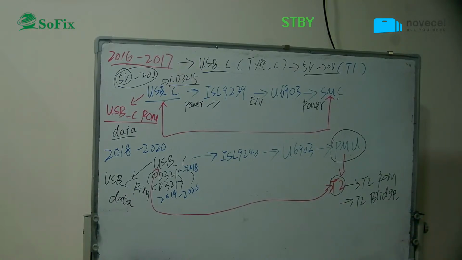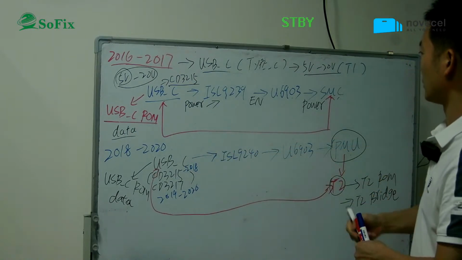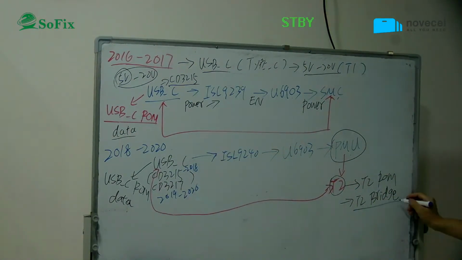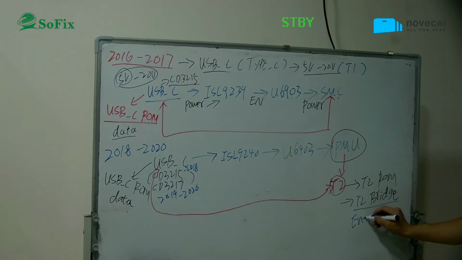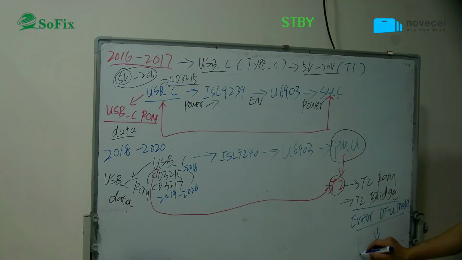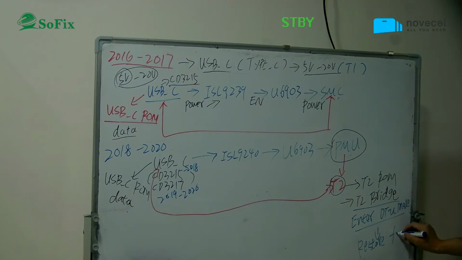So if you see just the 5 volt, you can go into DFU mode to restore. Sometimes you restore and it succeeds.